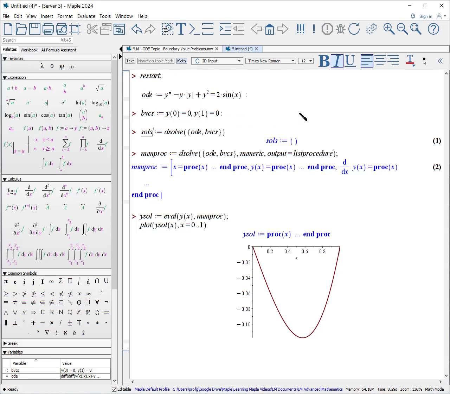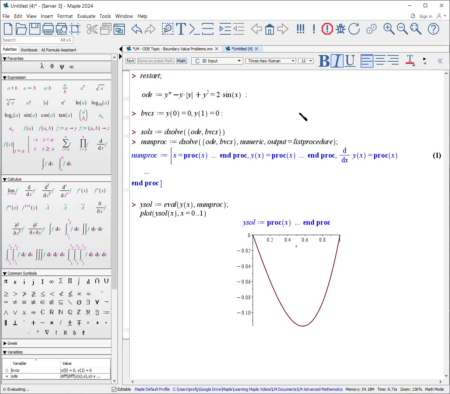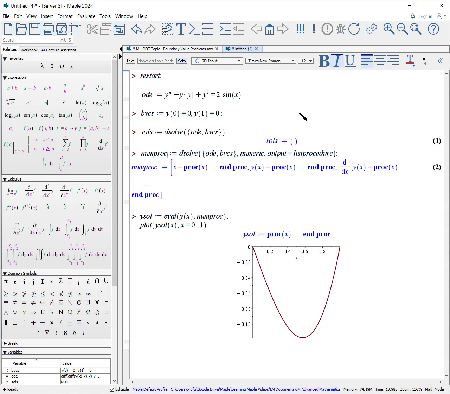We try to solve for it, find a closed form solution, no luck there. So again, we use the numerical procedures and we extract them and we plot them. And as you can see, it does match the conditions of y of 0 is 0, and y at 1 is 0.